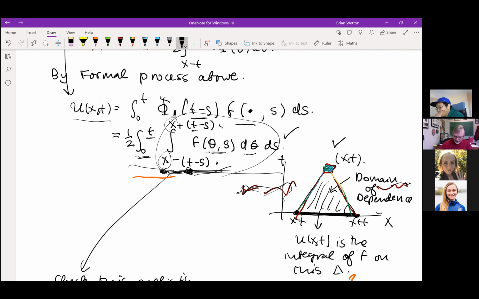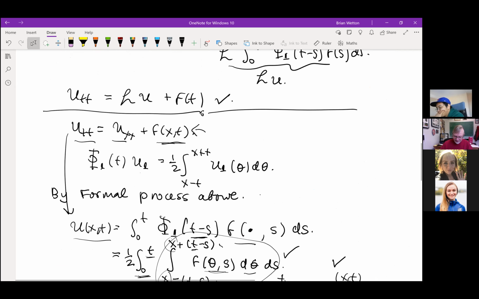Right, and phi1, this is a Green's function for the solution of the initial value problem with time derivative given and function value 0.